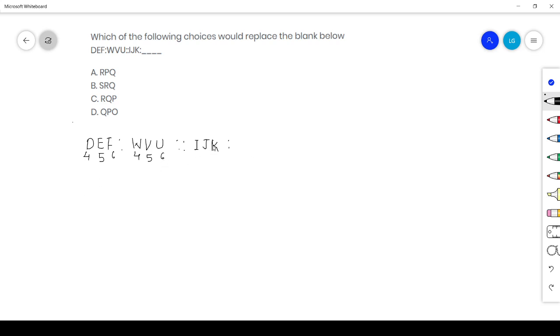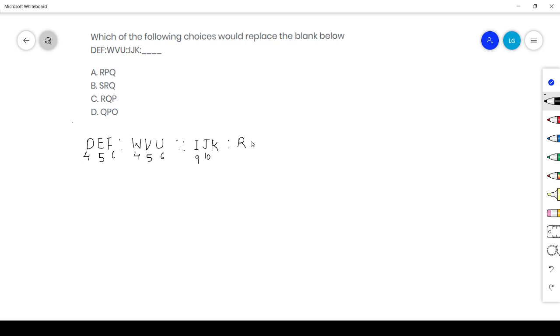Like that, if we compare this IJK, now I is the ninth letter from front. So if we see from reverse alphabets, R is the ninth letter from reverse. Okay, J is the 10th letter from front.